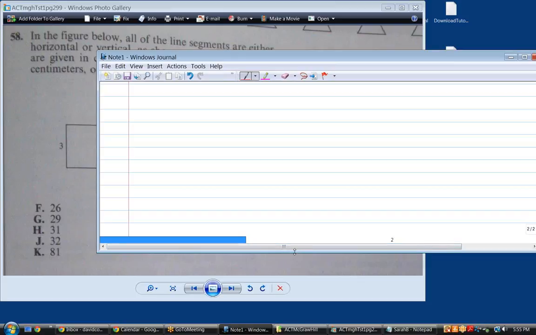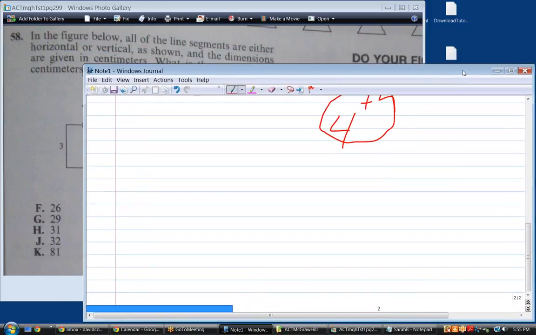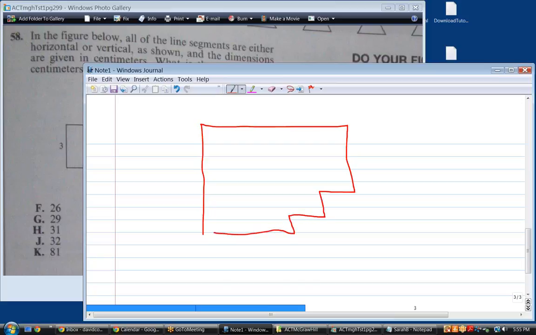However, there is a much better problem that is similar, only they don't give you a way to add everything up. It's the only dimensions they give you. What is the perimeter of that figure? And all of these are right angles.